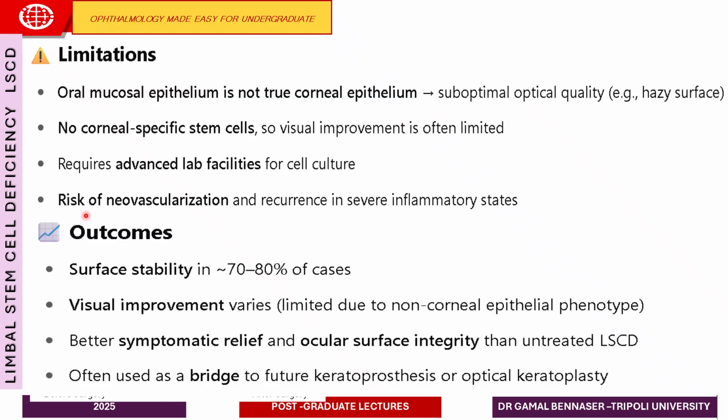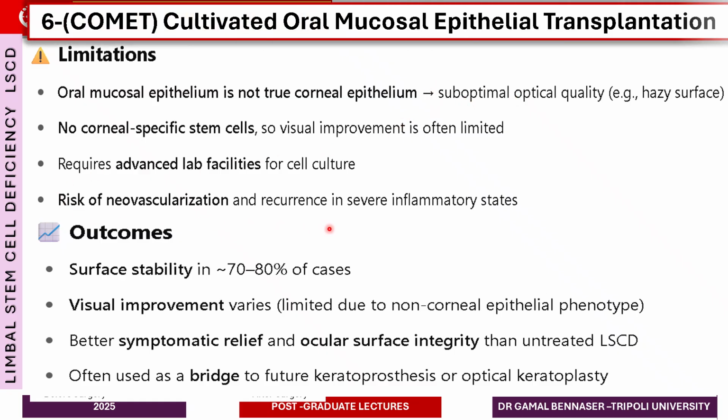So the risk of new vascularization is there, and the risk of recurrence of the inflammation is still there. However, surface stability is achieved in 70 to 80% of the cases. Visual improvement, as I said, is not guaranteed, and it is limited by the non-corneal epithelial phenotype, because this epithelium is not like the corneal epithelium. It provides better symptomatic relief and better integrity of the ocular surface.